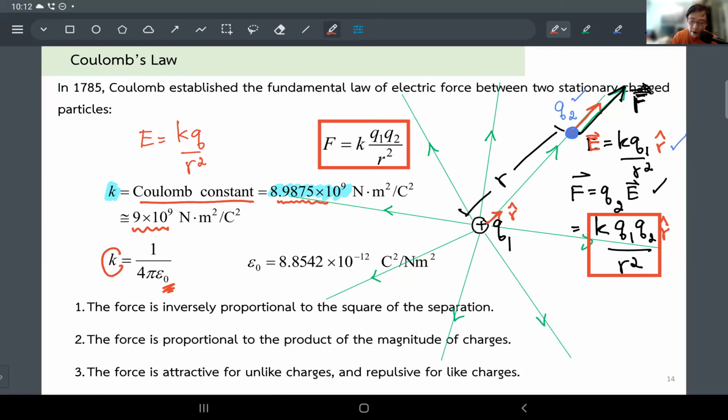But for now, what I want you to take with you is that you have two ways of writing the K. If you don't want to write too many things, just write down the K. But if you want to put in a full crazy looking form, you can put it as 1 over 4 pi epsilon naught.